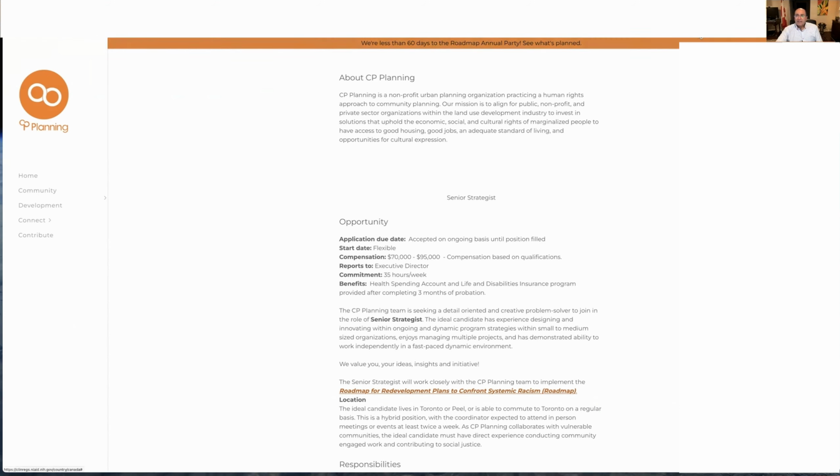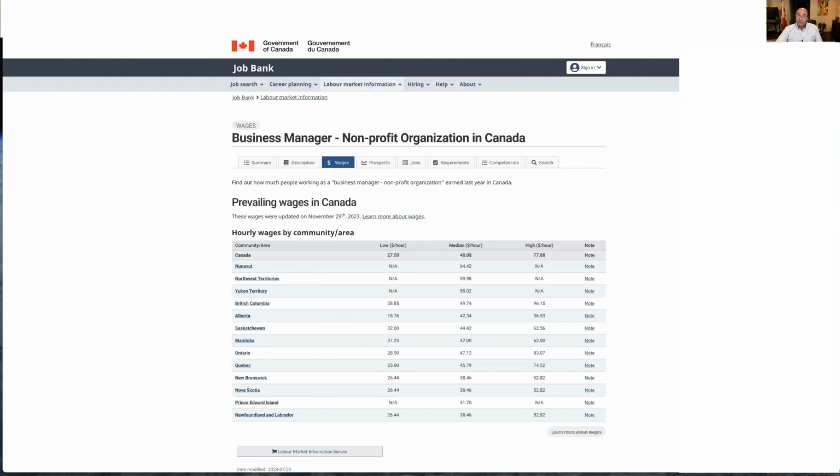The last slide is just to compare how much you may earn in a not-for-profit organization as a full-time employee or as a part-time or contract employee. It's interesting because this is coming from the government of Canada, and it is the result of a survey as of the 29th of November 2023.